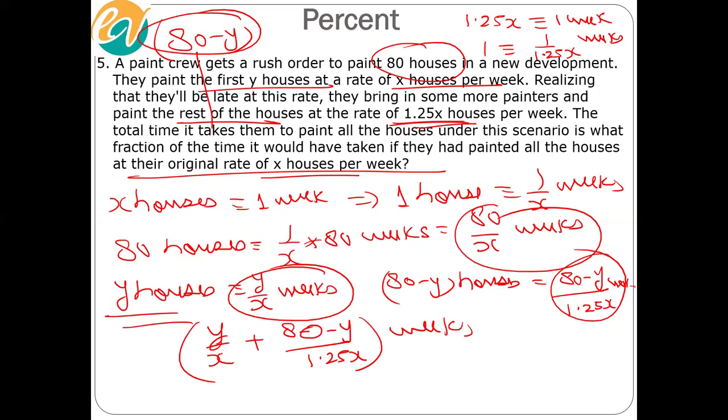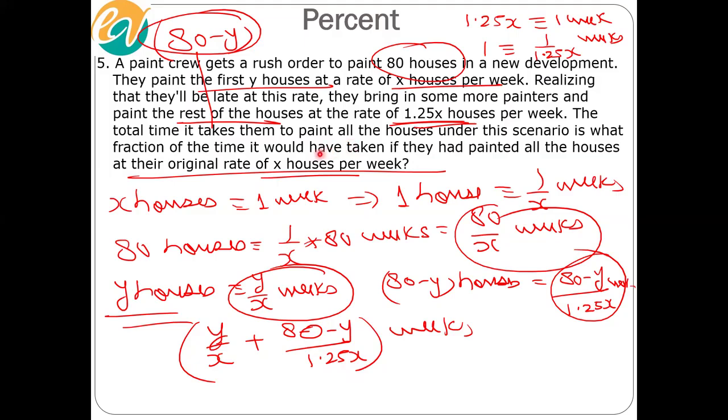Are we clear so far? So if they had painted at the rate of X houses per week, it would have taken them 80 by X weeks. However, it actually took them Y by X plus 80 minus Y by 1.25x weeks, right?